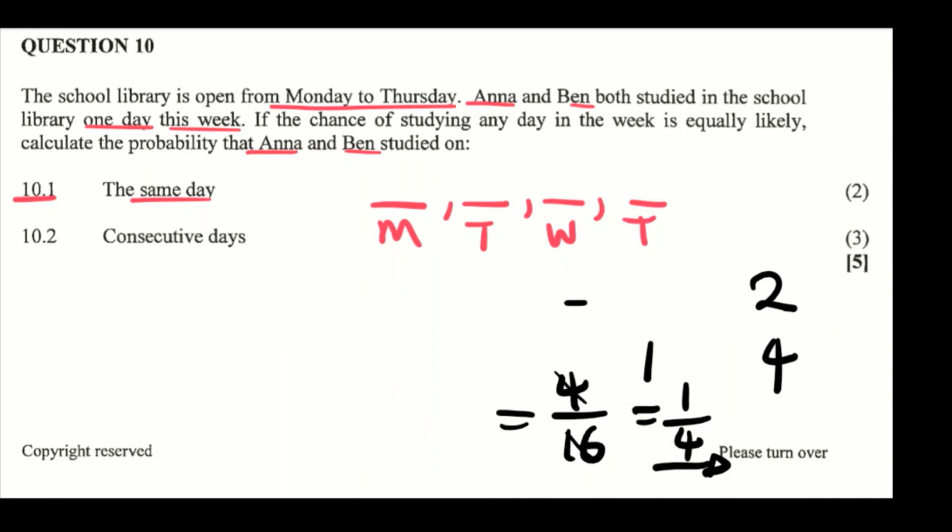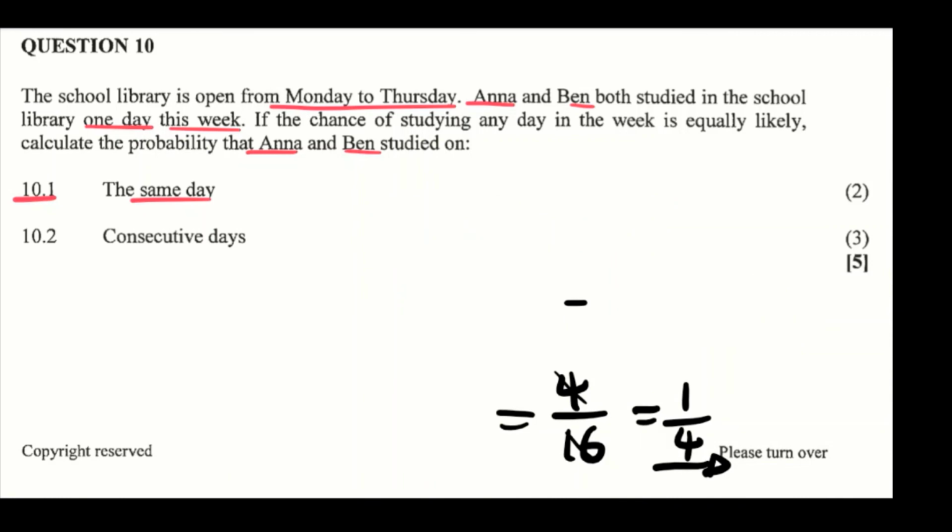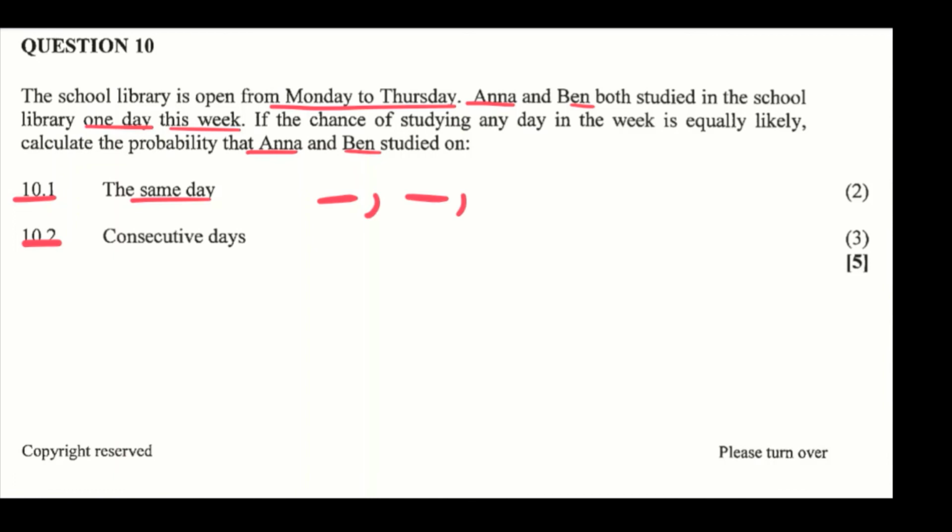So now we want the probability of Anna and Ben studying on consecutive days. So we have Monday, Tuesday, Wednesday, Thursday. Consecutive days can happen like this, consecutive 2 days, by the way.